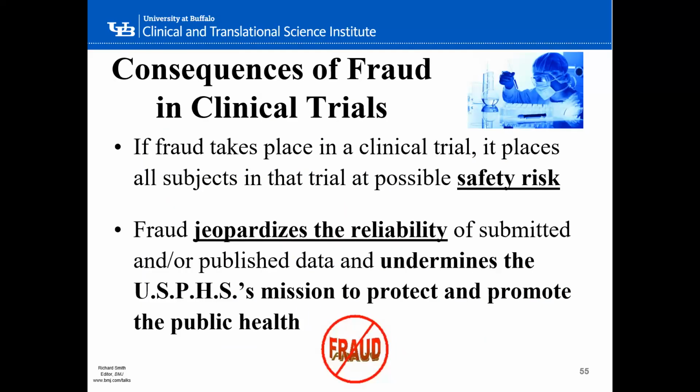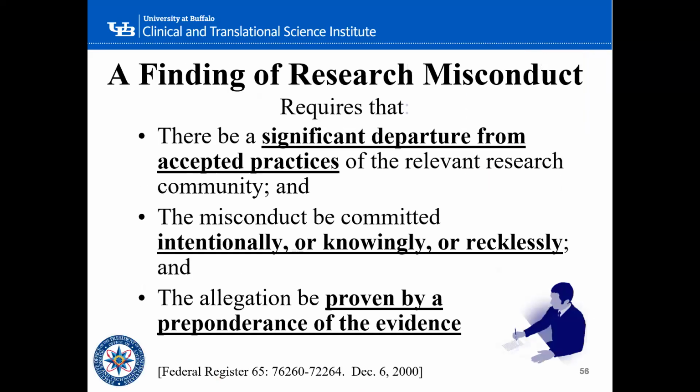So what are the consequences of fraud in clinical trials? If fraud takes place in a clinical trial, it places all human subjects in the trial at possible safety risk. Fraud jeopardizes the reliability of submitted and/or published data and undermines the Public Health Service's mission to protect and promote the public health.